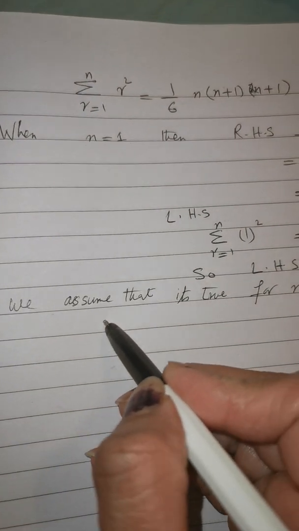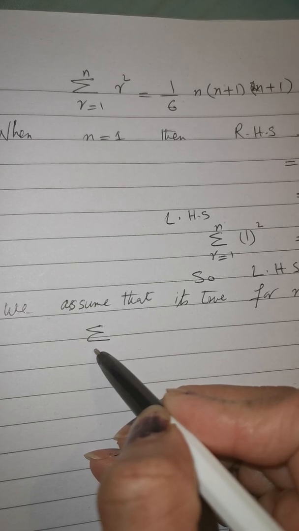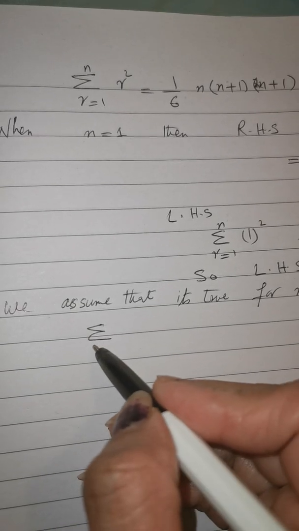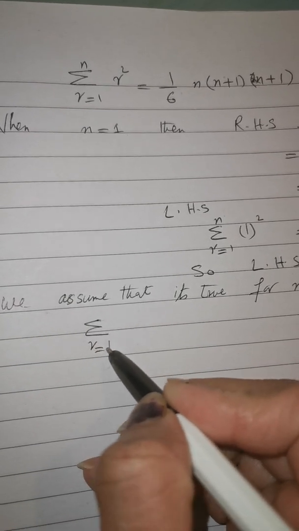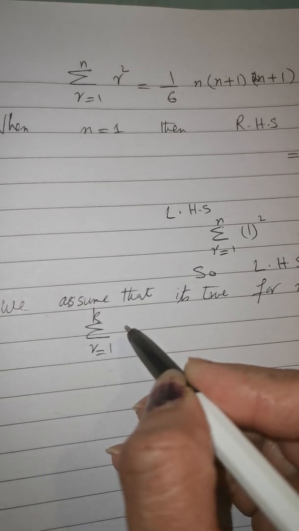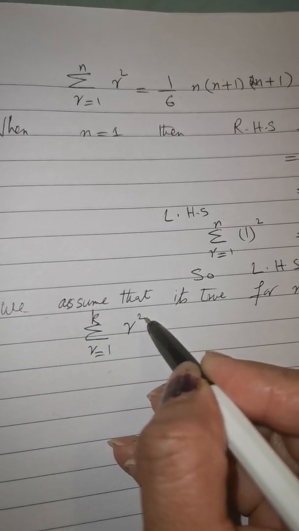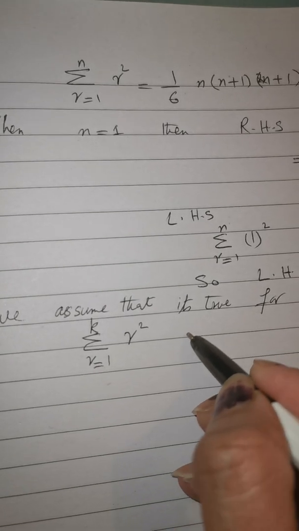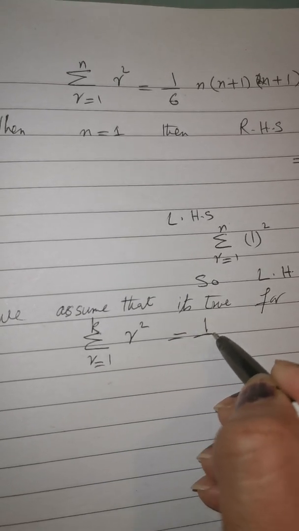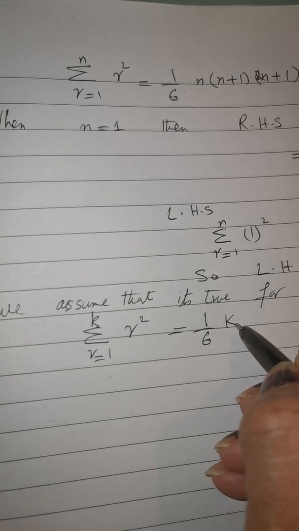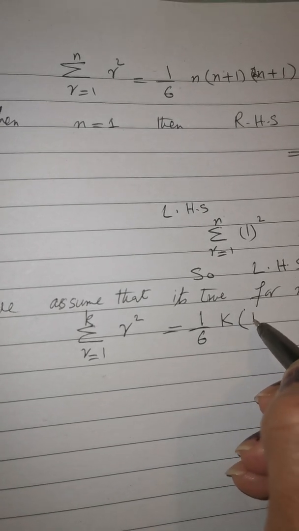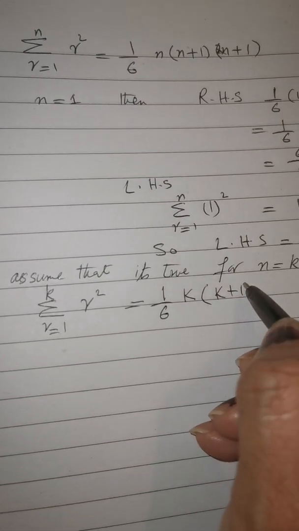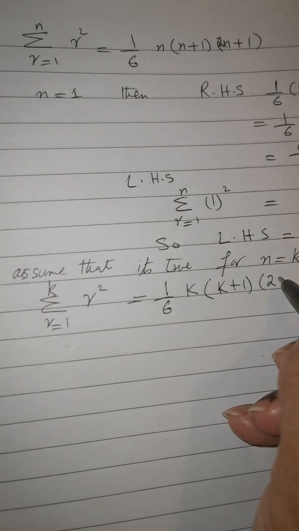Then the statement will take the form: wherever there is n, I am going to put it equal to k.